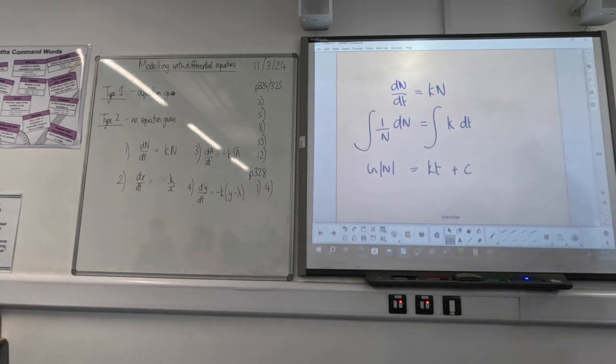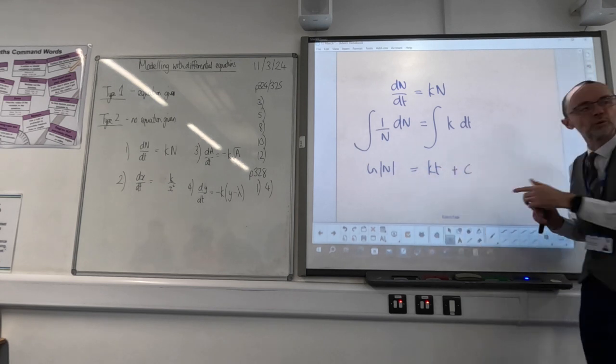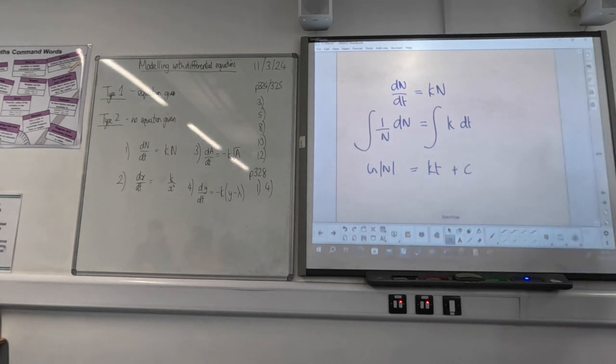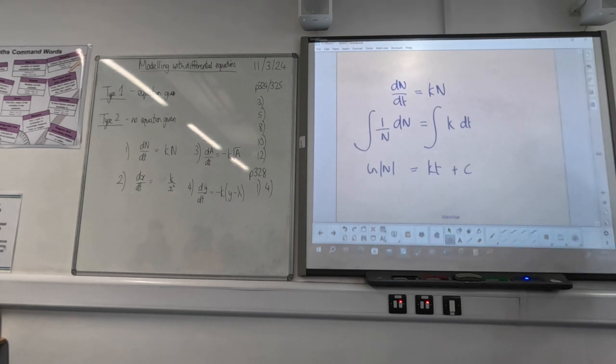There's 2 constants here, so you've just got to be careful with your letters. Make sure you realise that you've got 2 different constants. This is the multiplier, the constant of proportionality, whereas this is our integration constant. And we've just got to make sure whatever letters you use, they're not the same.